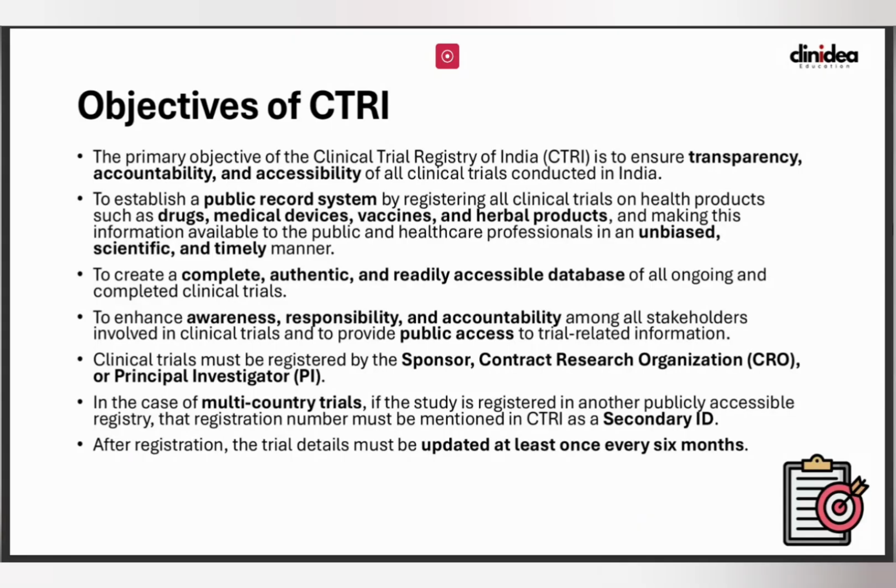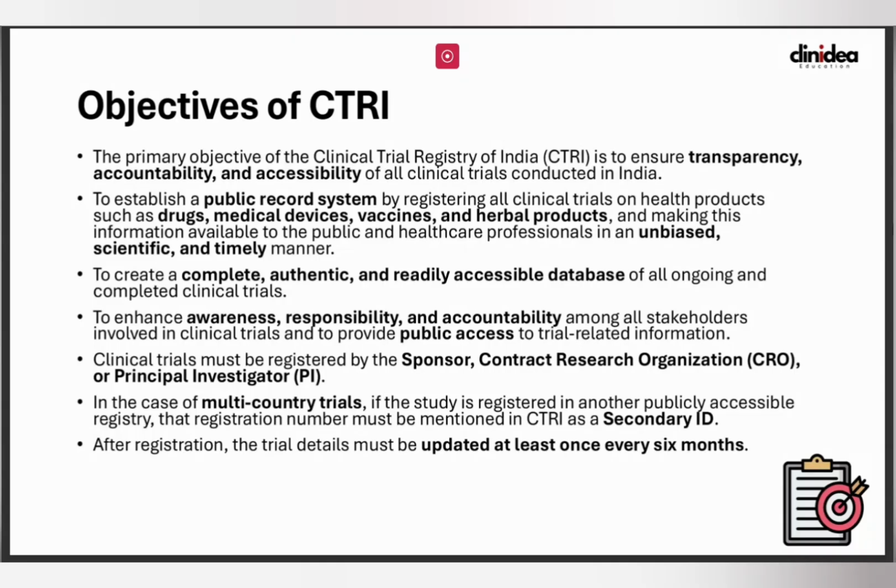So, what exactly are the objectives of CTRI? The first point says that CTRI exists so that clinical trials are not hidden or secret. Everyone involved, like the regulator, doctor, and even the public, can see whether the trials are being conducted properly or not.